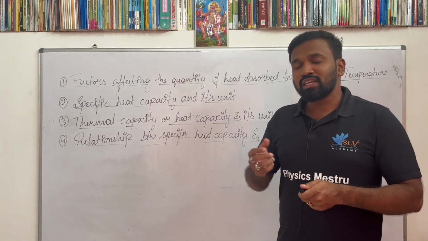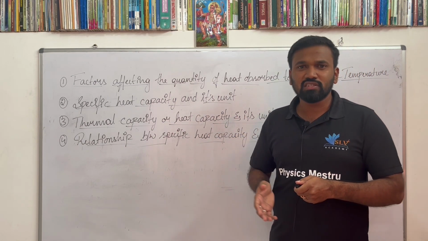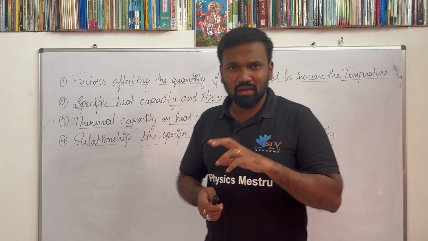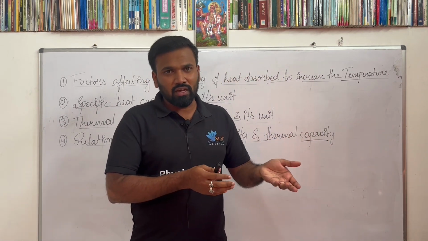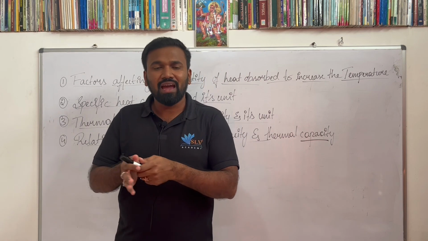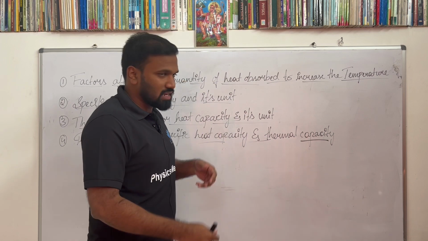The SI unit of temperature is Kelvin, or sometimes we use degree Celsius. There is a relationship between Kelvin and degree Celsius. If we measure the temperature in degree Celsius, then to get the temperature in Kelvin we have to add a constant value, that is 273. These things we learned in the previous class.